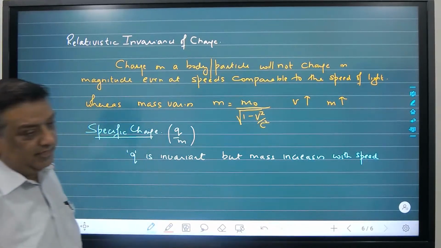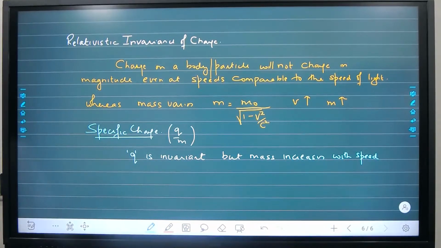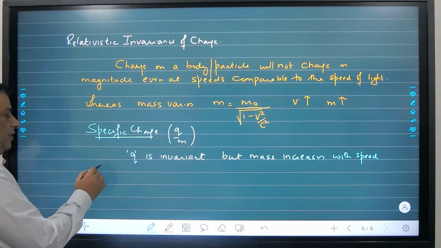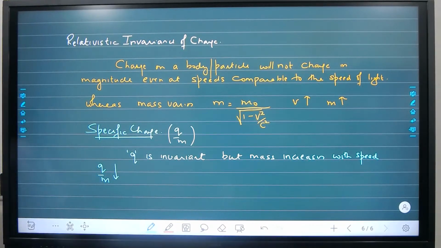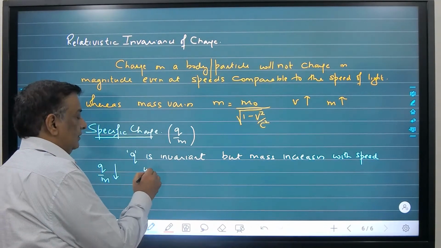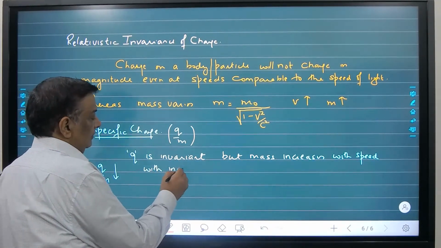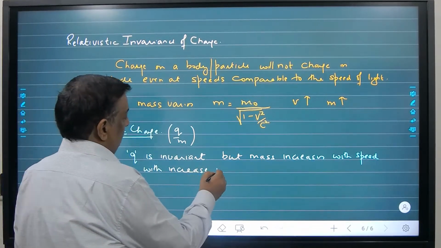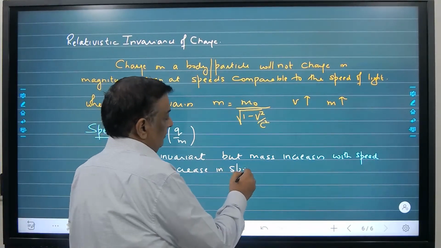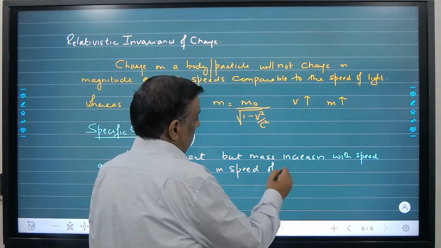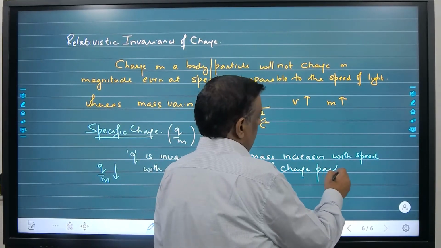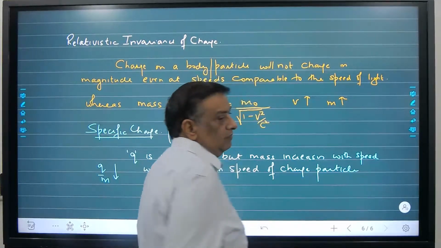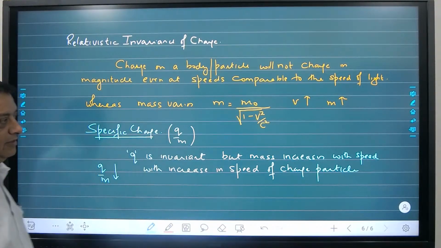So that means the numerator is constant and the denominator increases. That means q by m decreases with increase in speed of the charged particle.